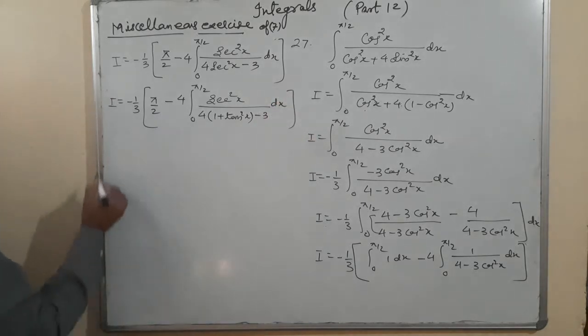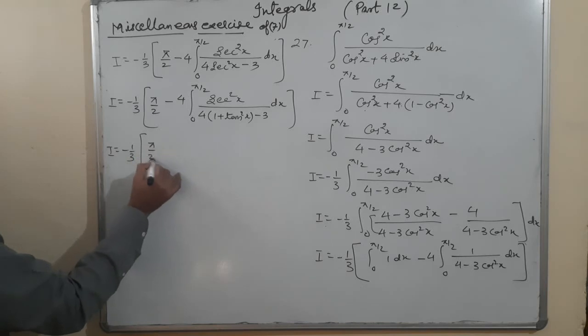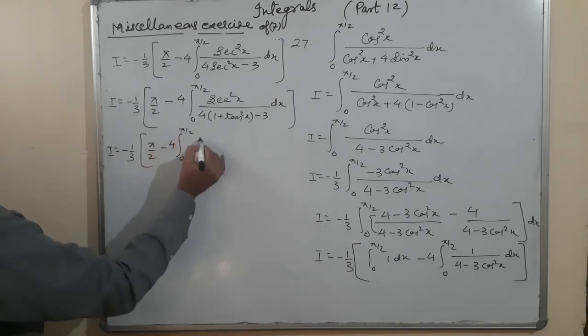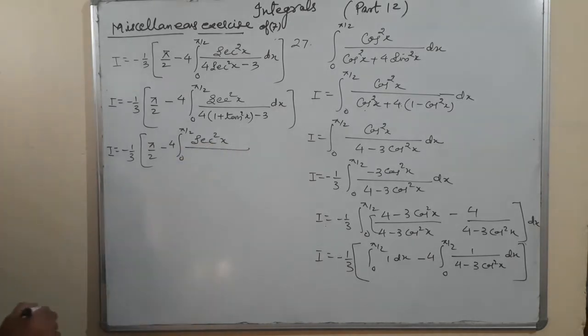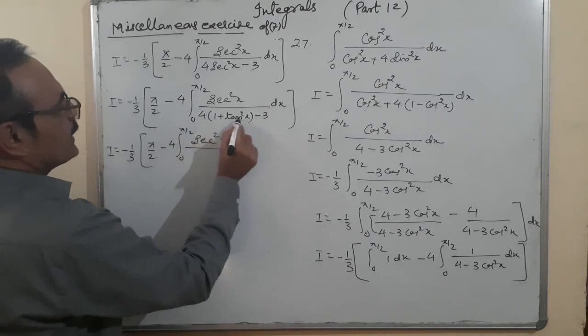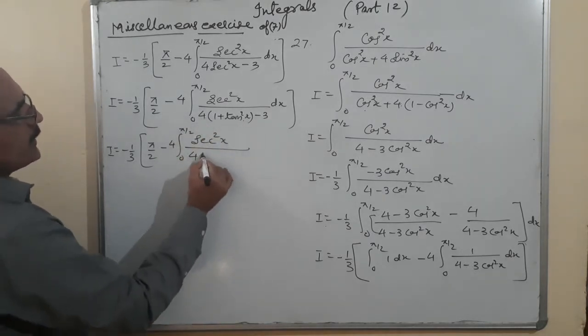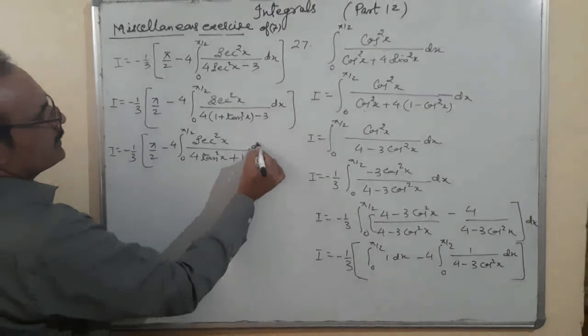So I is equal to minus 1 by 3, pi by 2 minus 4, integral from 0 to pi by 2 of sec square x upon 4 tan square x plus 1. What is this? 4 tan square x, and 4 minus 3 is 1, plus 1 dx.